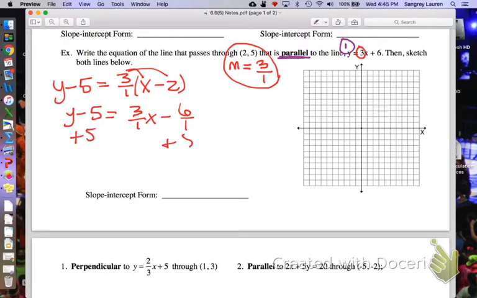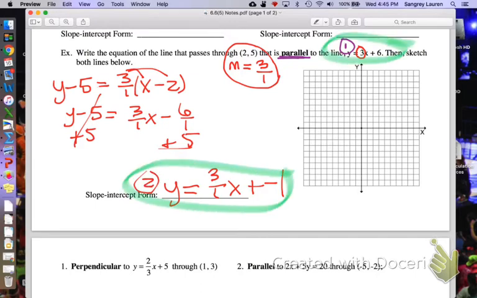Add 5 to both sides. So we have y equals 3 over 1x plus negative 1. Now you can write that as just y equals 3x plus negative 1. That's fine. So this is line number 2. So here was line number 1. Here was line number 2.